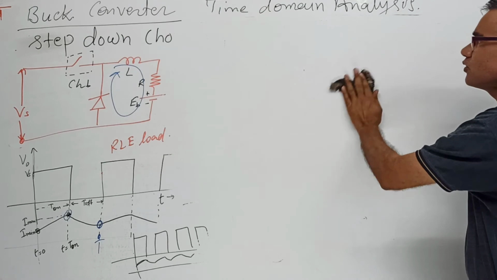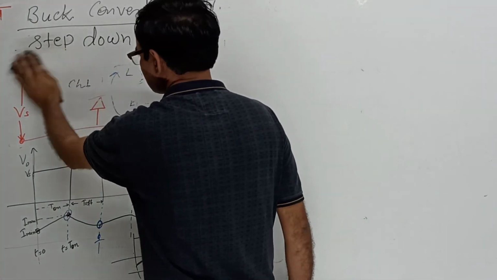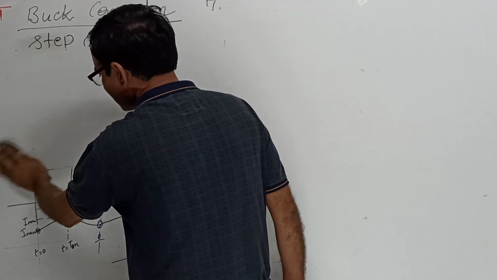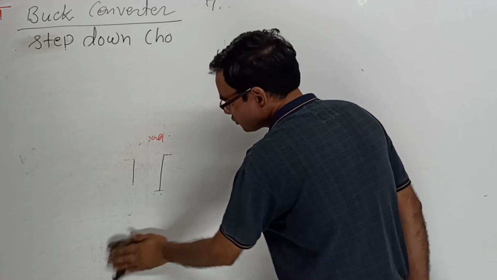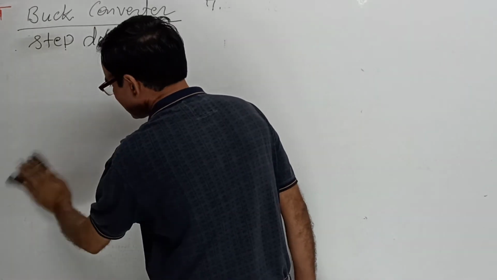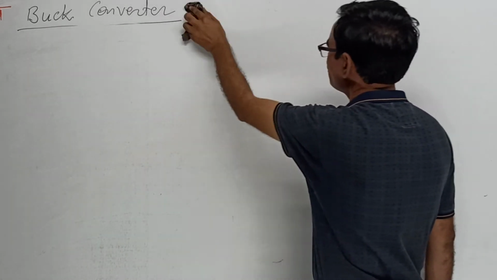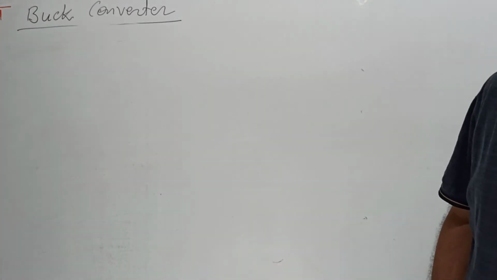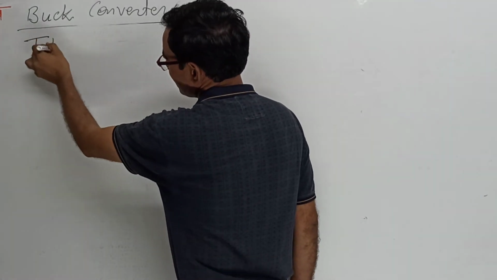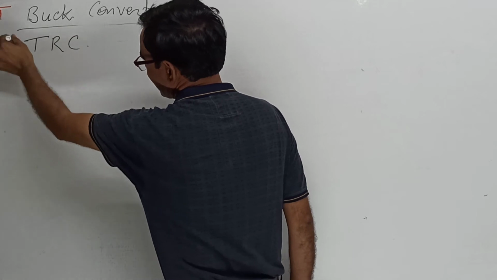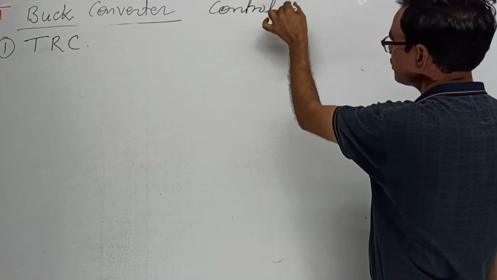Now we are taking the different operation, meaning the controlling strategy. The output voltage can be controlled in two ways.